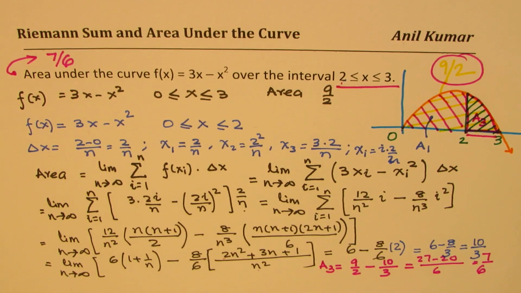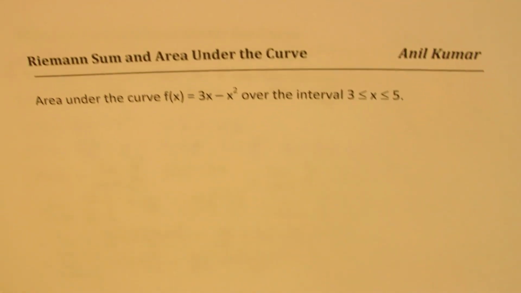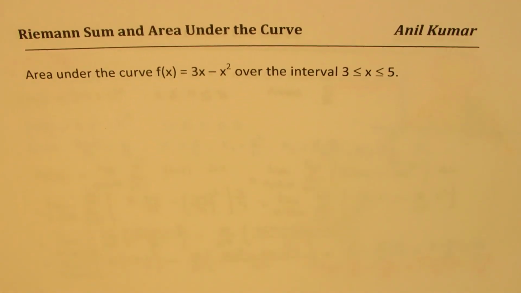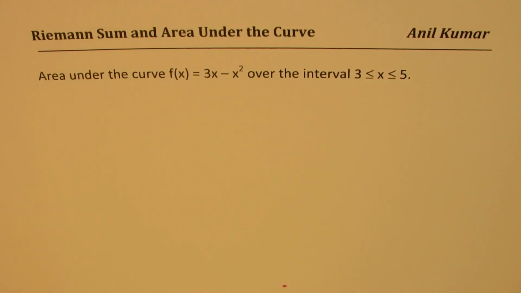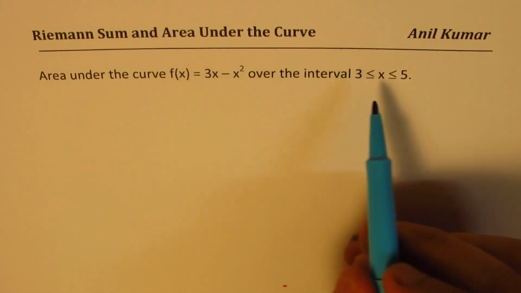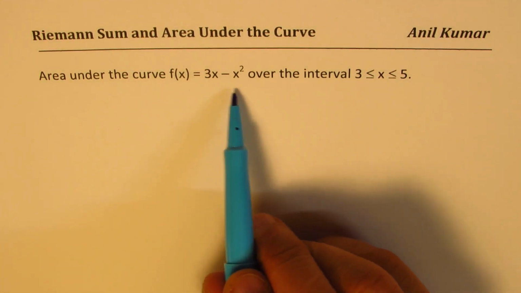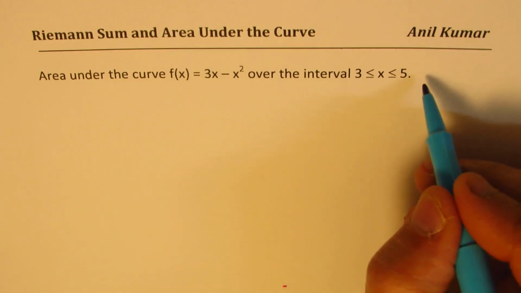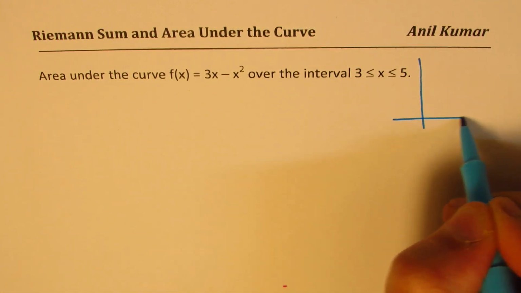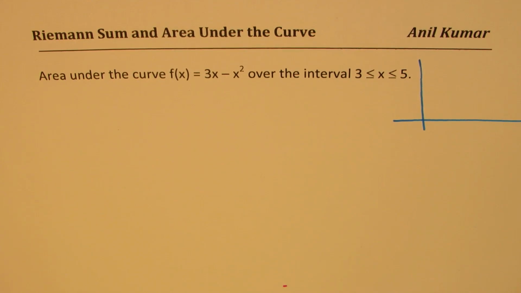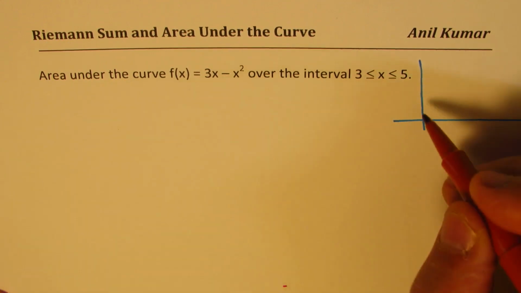Let's continue our question. And now, let's see how to find the area of the curve between 3 and 5. Right? So that's the next stage. So now, we'll continue with our question. We'll find the area of this curve under the interval 3 to 5. So again, the same curve. Now, the portion of the curve which we are interested in is between 3 and 5.